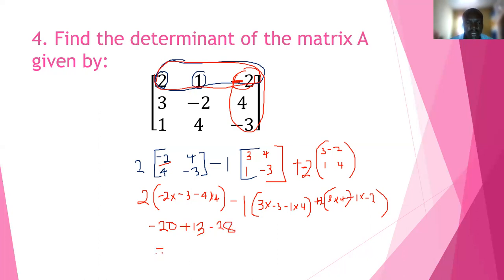So this one is the same as negative 20 plus 13 minus 28. You get negative 35. And that is the determinant.